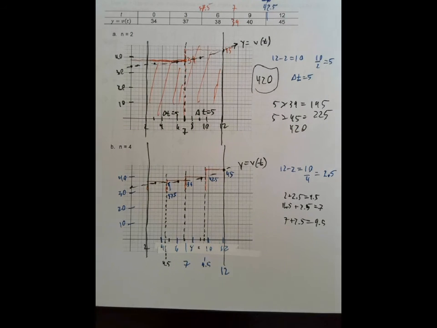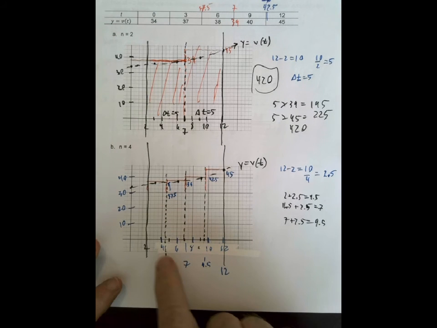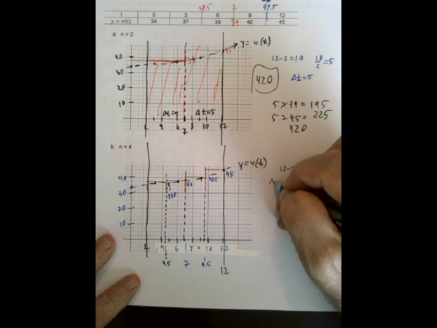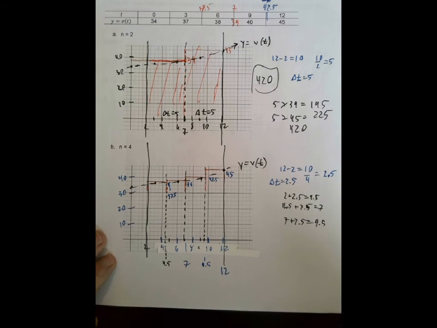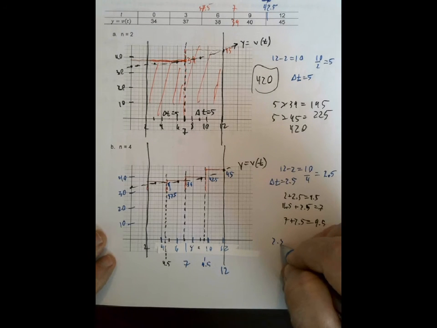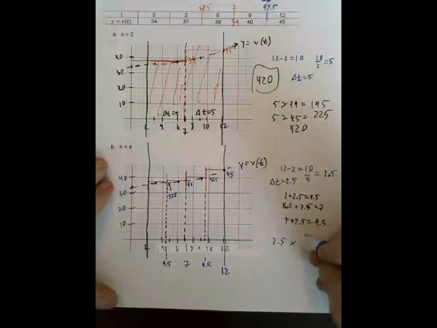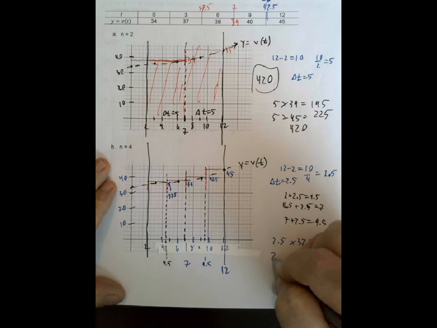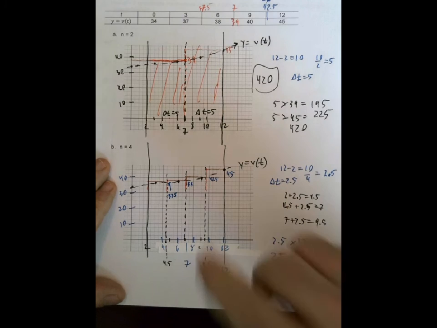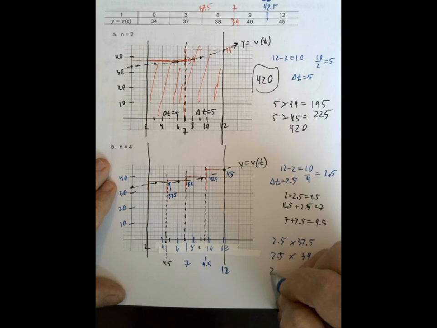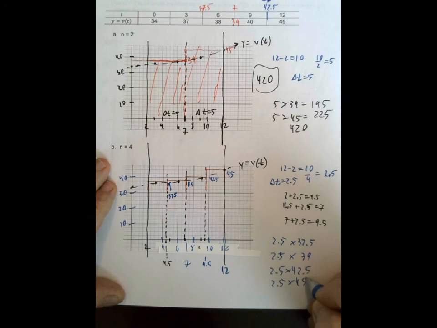So now we find the areas of those, okay? Here, delta t, which I should have written here, is 2.5, right? So that's 2.5 times 37.5, 2.5 times 39, 2.5 times 42.5, and then 2.5 times 45, right?